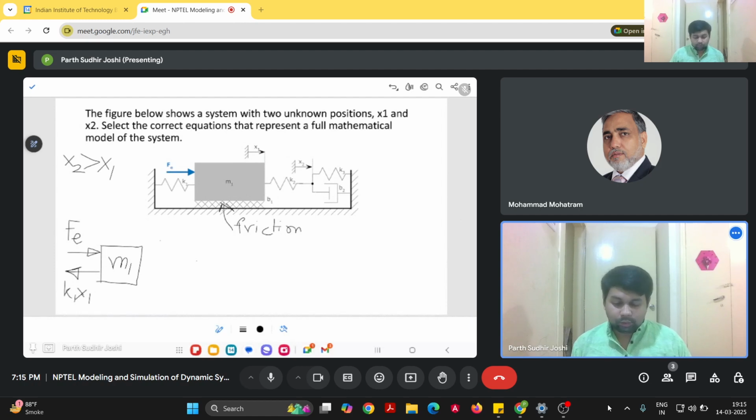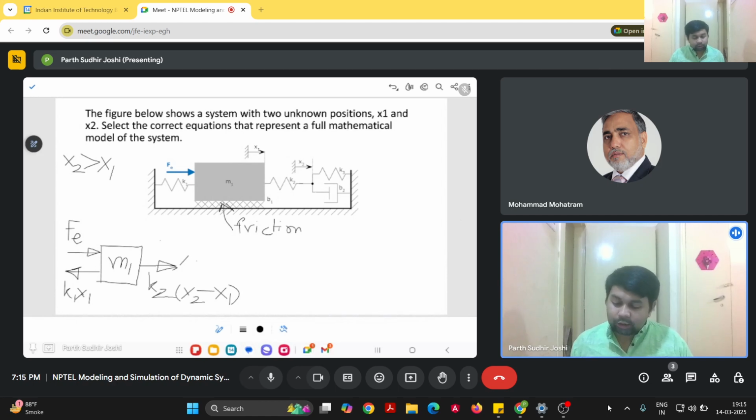That would mean that the two ends of the spring have been displaced in such a way that the spring will be in tension. Therefore the force exerted by the spring K2 we can assume to be tensile and its magnitude will be K2 into x2 minus x1. Like this we can assume some direction and then write the equation in that way.